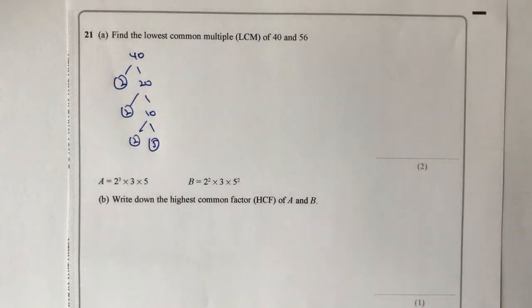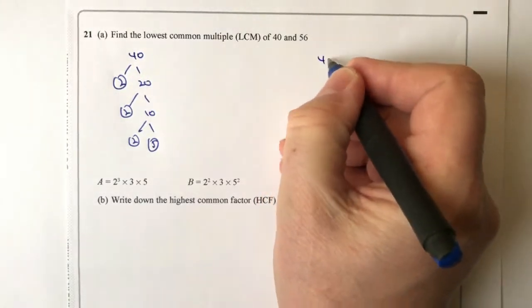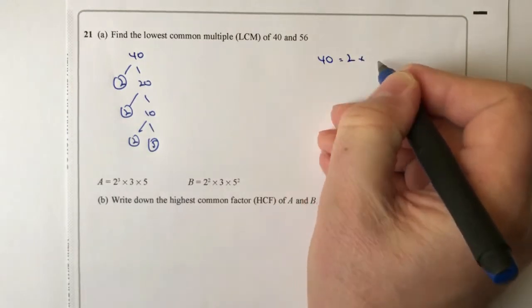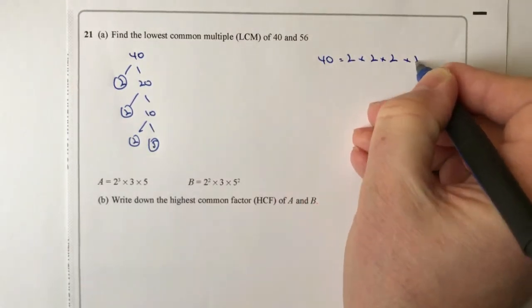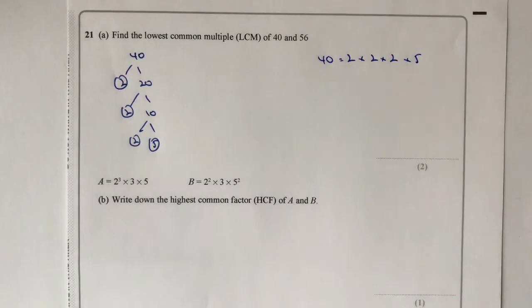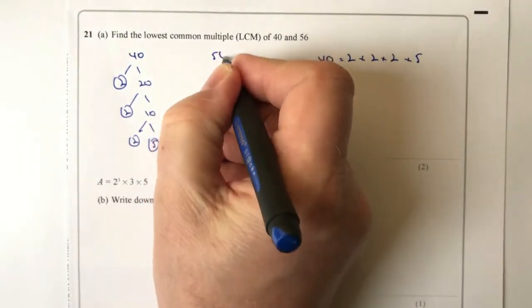Okay, so if I look at 40, I could write that as equal to 2 times 2 times 2 times 5. So I'm just going to check that. 2 times 2 is 4, 4 times 2 is 8, and then 8 times 5 is 40. So that's exactly correct. And I'm going to use the same principle with 56 as well.